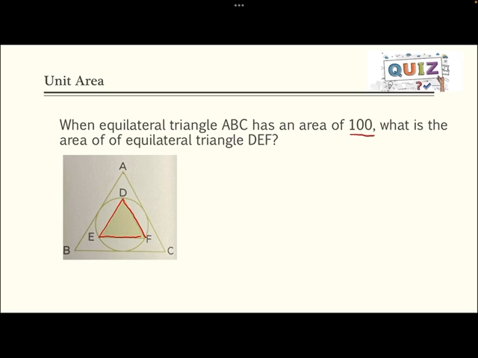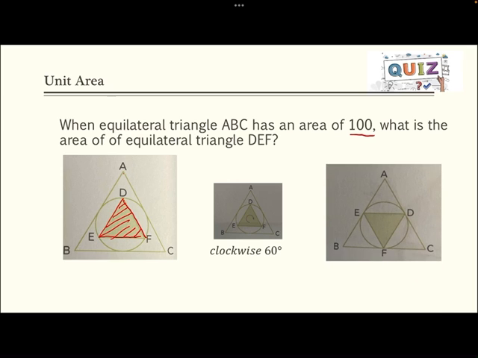Seems like we are stuck here. But think about it. If we look at this smaller one as the unit shape, is it possible we can cut the bigger triangle into identical smaller ones? The answer is yes. If we simply rotate the smaller triangle clockwise by 60 degrees, then that's what we're going to get.